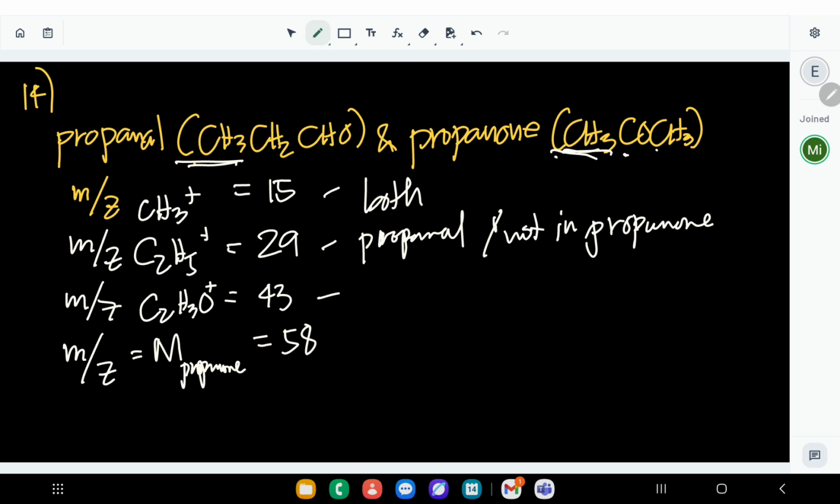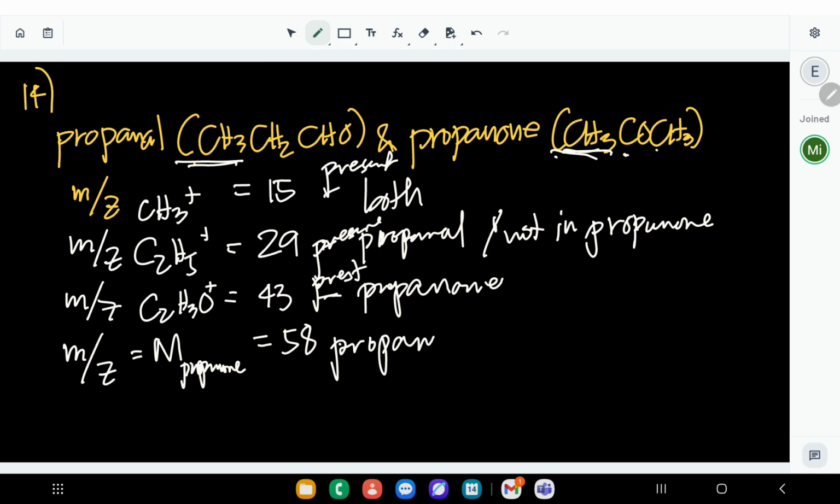And the C2H3O is present in propanone, and the molecular ion is present in propanone.